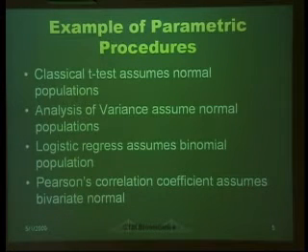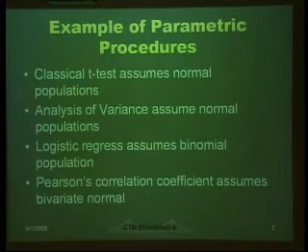So here are just a few examples of some classic parametric procedures. The usual t-test, at least when the sample sizes are small, assumes that you have a bell-shaped curve. Analysis of variance, if you're used to that, which is a way of comparing two or more groups, assumes that you have an underlying normal distribution for each one of the different groups.